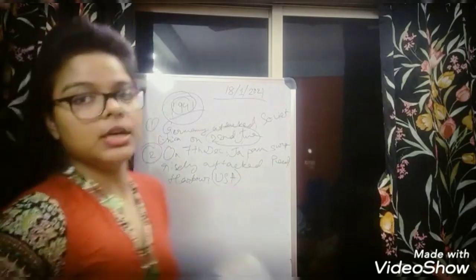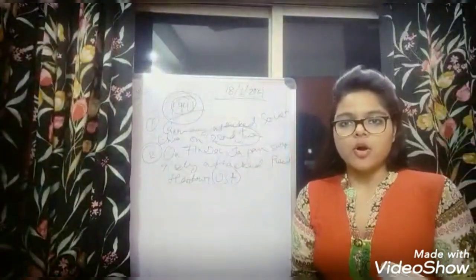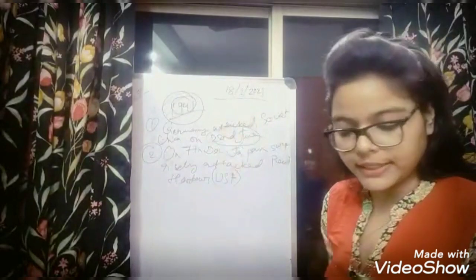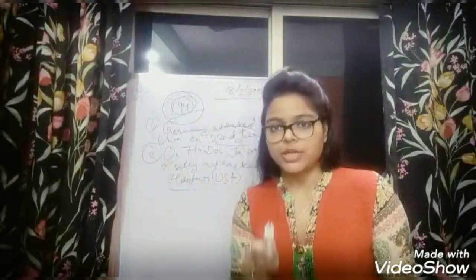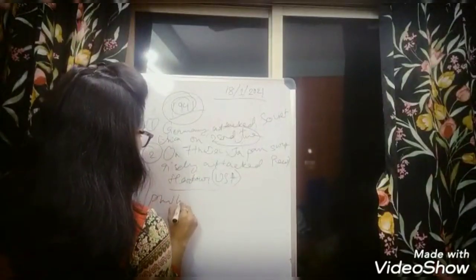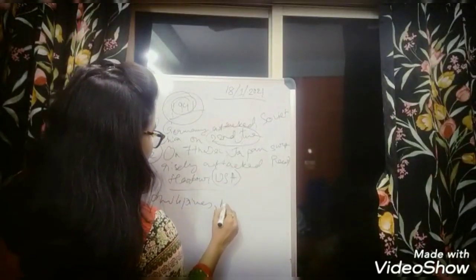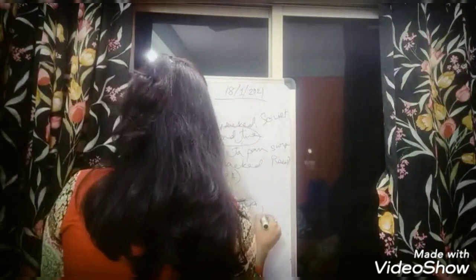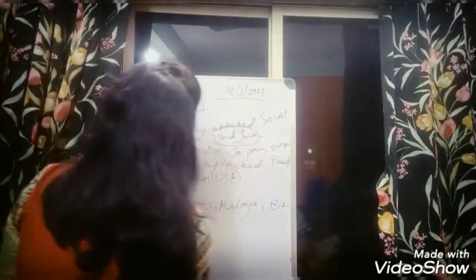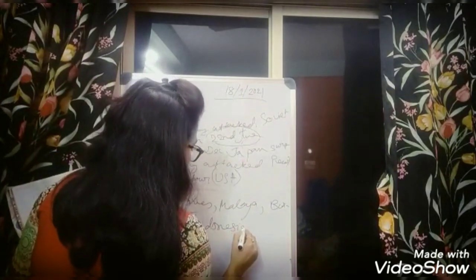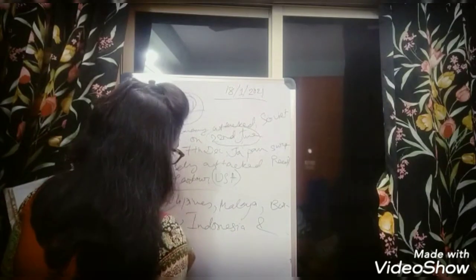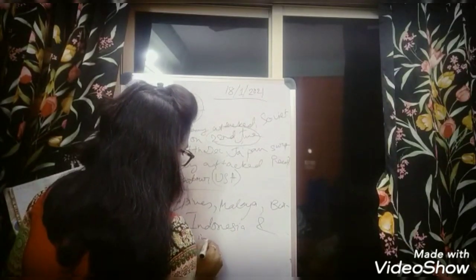And thereafter, Japan joined the war on the side of Germany and Italy. Japan not only captured Pearl Harbor, but also countries like Philippines, Malaya, Burma, Indonesia, and most importantly, Rangoon.